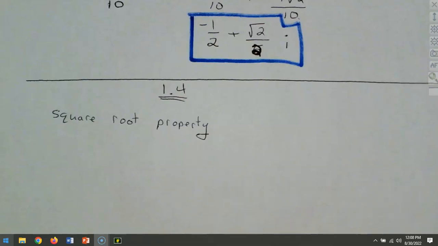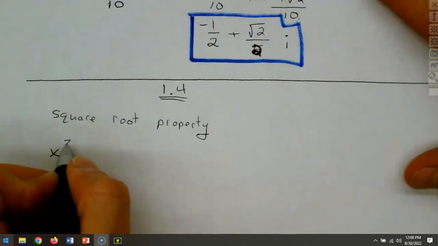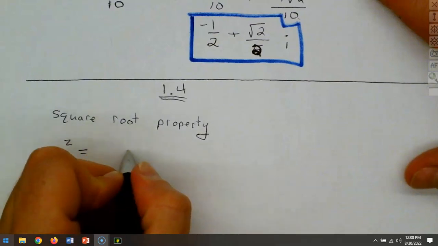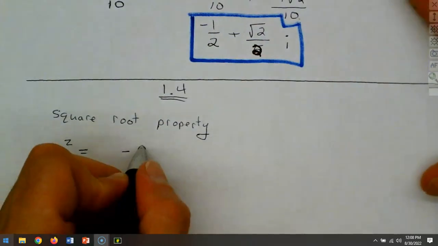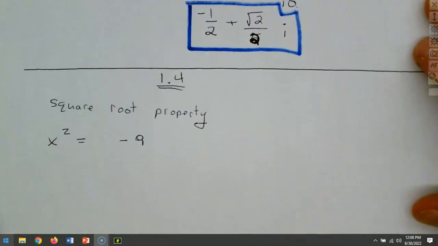Now we're going to start with some really easy ones. And so let's say I give you x squared equals minus 9. Okay, x squared equals minus 9. I'm going to end up with 2 solutions.